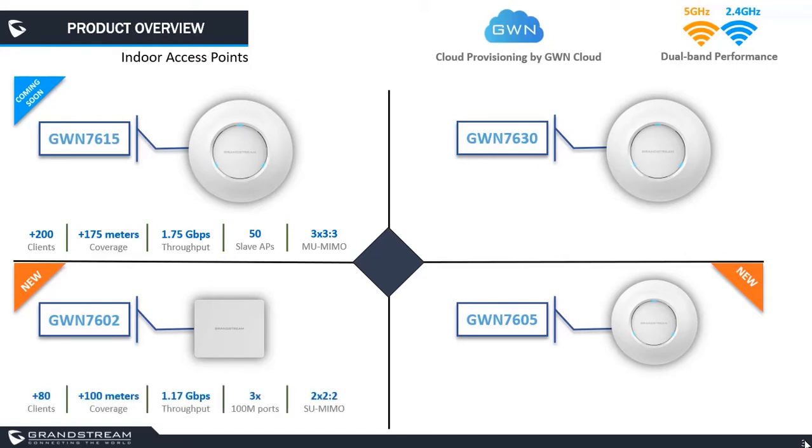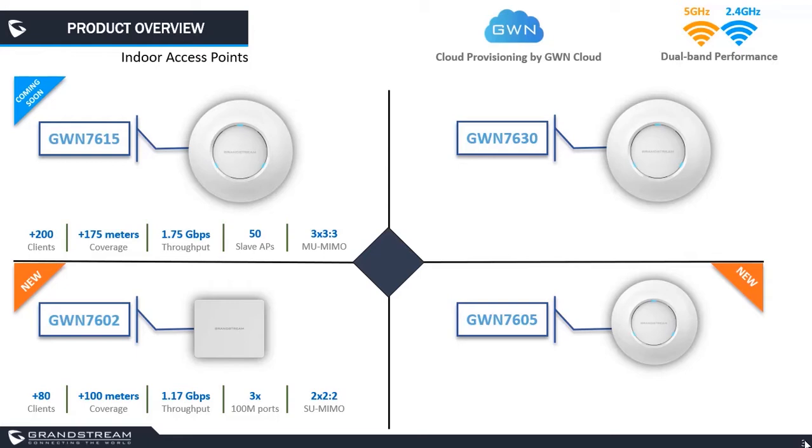Next is the compact Wi-Fi access point, GWN 7602, which is designed for small businesses, homes, offices, hotels, and more. It provides 3 fast Ethernet ports to provide wired connection to devices like IP phones, computers, and any device that basically requires an Ethernet connection, while also providing an uplink gigabit network port with the PoE and PoE+.